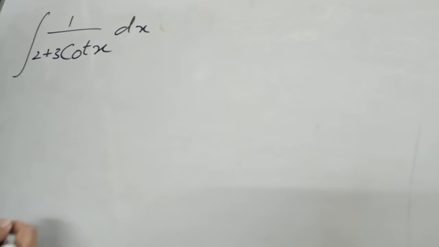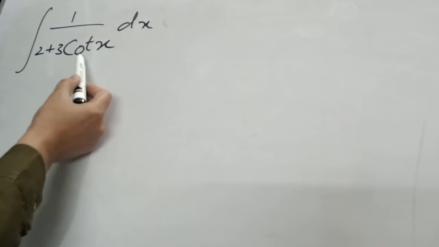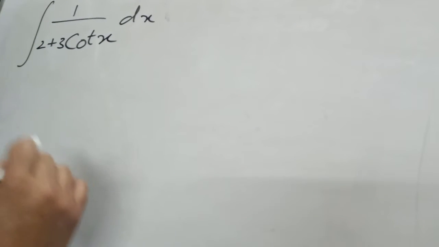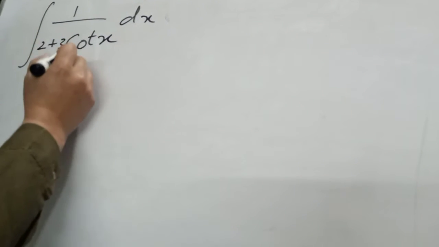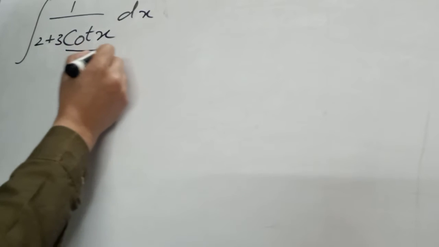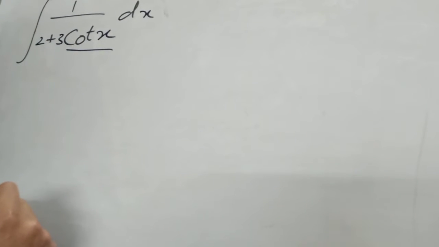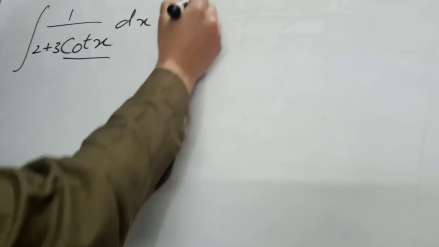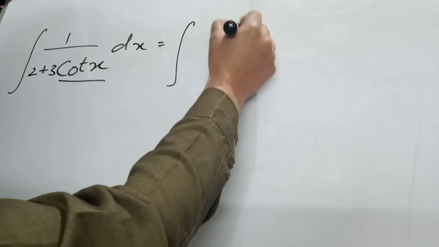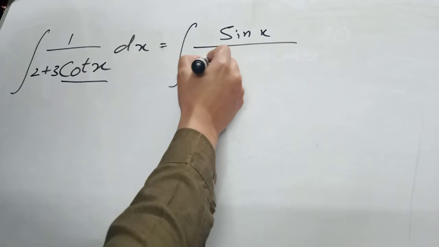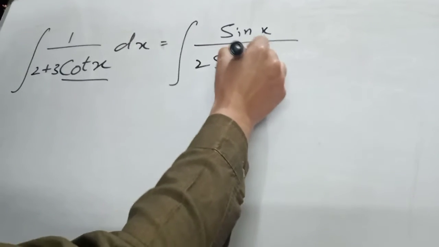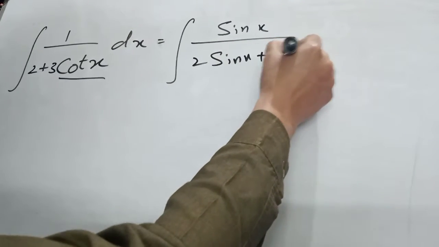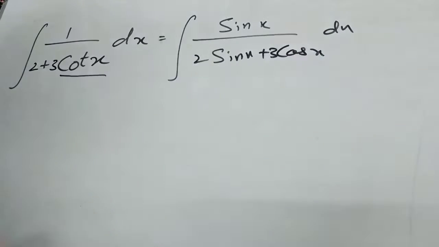Here is another question. We have the function 1 over 2 plus 3 into cot of x, and first of all we will change the form of the function. Replace this cot of x with cos x over sin x and then take the LCM. You will get sine of x divided by 2 sine x plus 3 into cos of x dx.